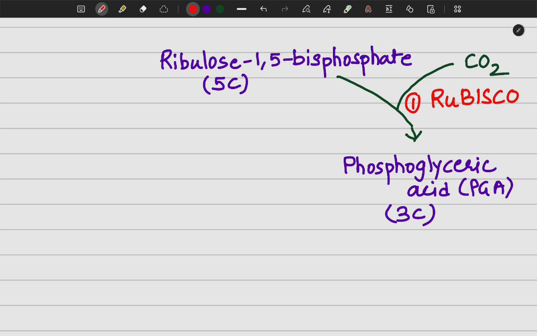So this step is the carboxylation, which was the first step. Carboxylation means addition of carbon dioxide. Where is this carbon dioxide being added? In the ribulose 1,5-bisphosphate, which is a 5-carbon compound and the primary acceptor of CO2.